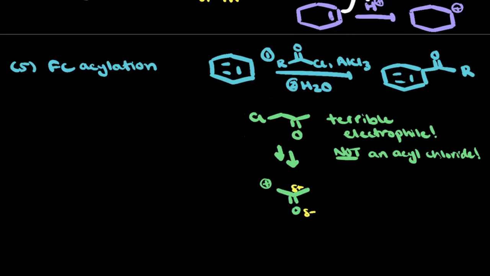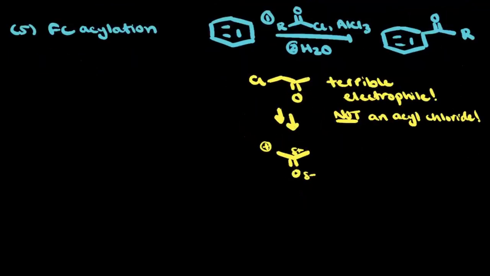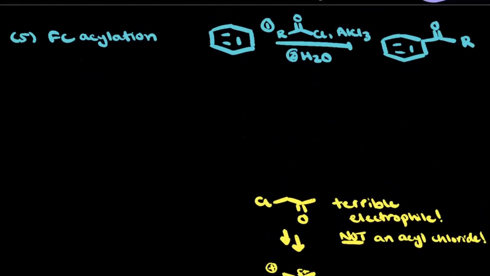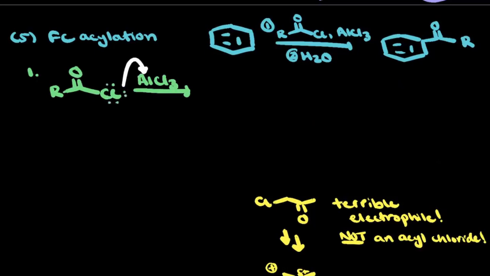Okay, so let's go and draw out the mechanism for this. Let me actually push this to the bottom. So step one, you're going to go in and take your acyl halide. You're going to take the lone pair from chlorine, attack there.